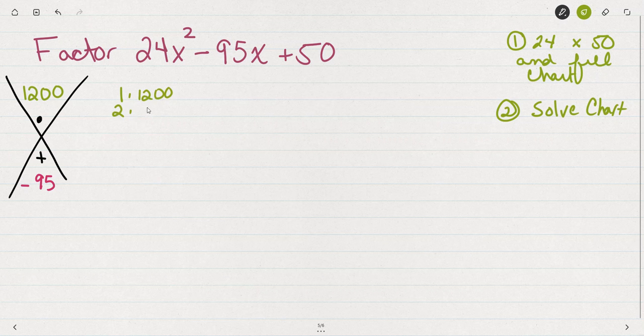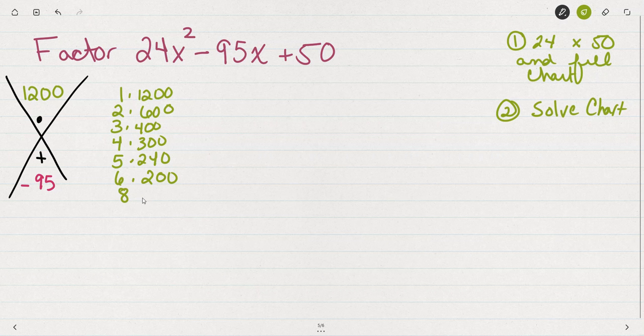That's not likely to be it. 2 and 600 doesn't work. 3 and 400. 1200 divided by 4 is 300. 5 goes into 1200. 1200 divided by 5 is 240. 1200 divided by 6 is 200. 7 doesn't go into 1200.